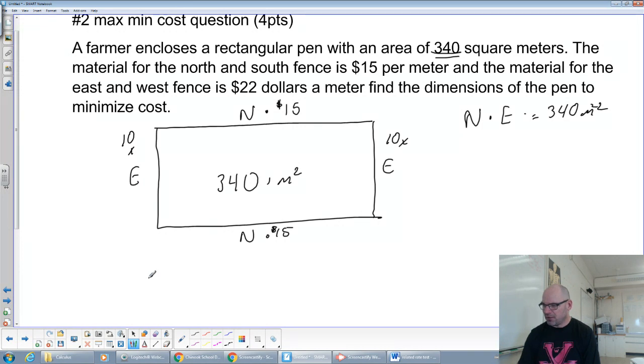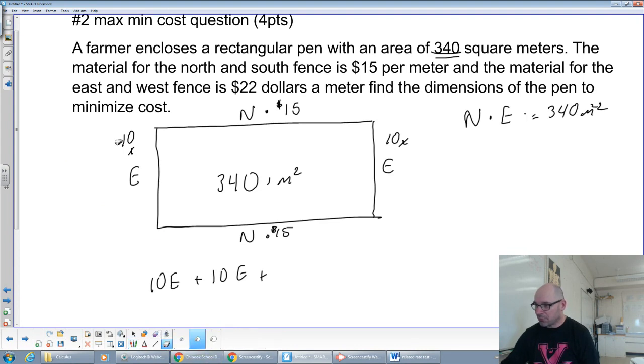So the cost is going to be 10 times E plus 10 times E for these two sides plus... why did I put 10? I read the one off the exam and I pretty much used that number, so you guys got a hint already. I'll have to change that. It's supposed to be 22, right? 22 for this way. $22 a meter.